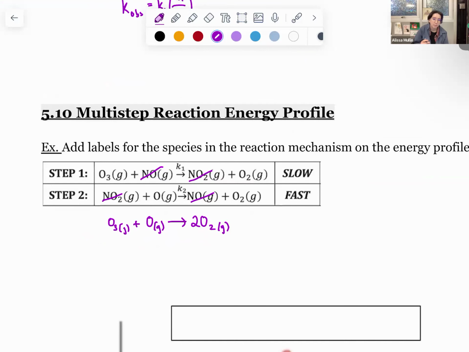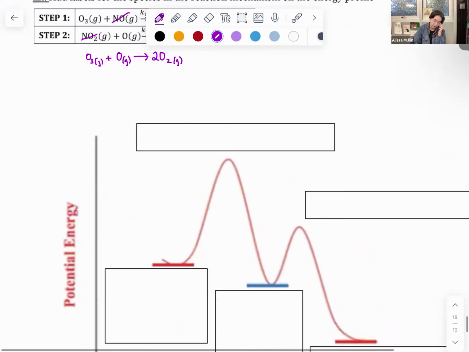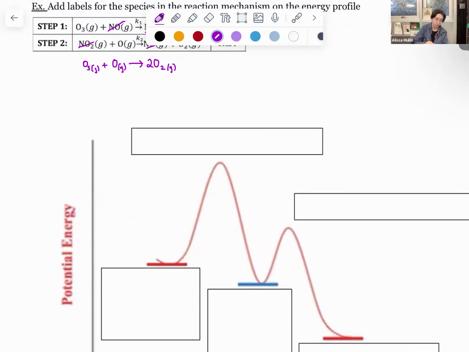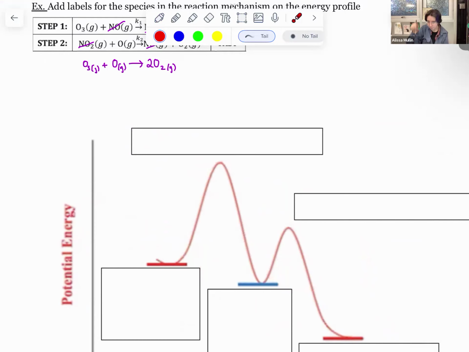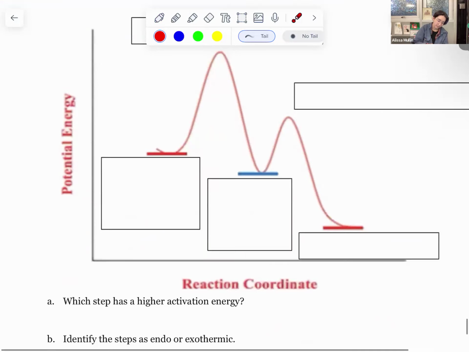The thing about showing it on a reaction profile is that it's going to be clear that you have those two steps. If there are two steps, there are going to be two bumps. If there were three, there'd be three bumps, and so on. So let's orient ourselves.